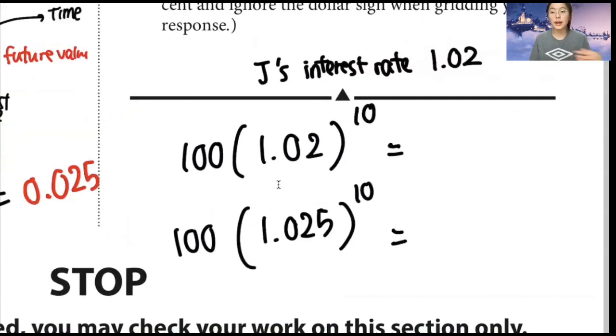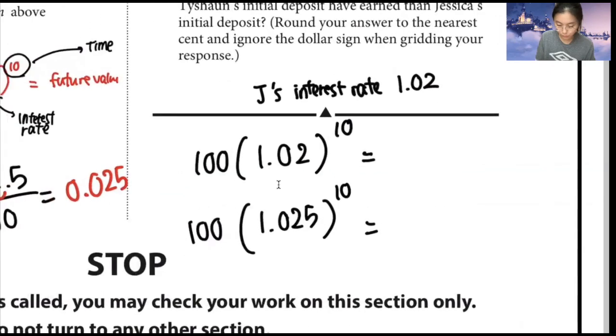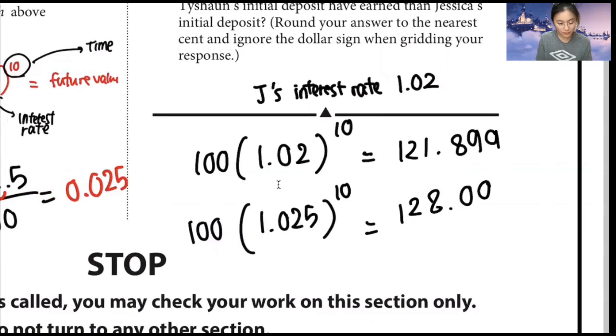And we just need to calculate these two values here. So 100 times 1.02 to the power of 10. That's going to be 121.899. Let's keep it there. 100 times 1.025 to the power of 10 is 128.008. Okay.